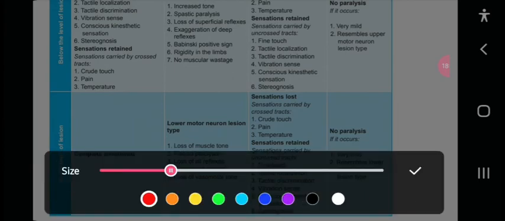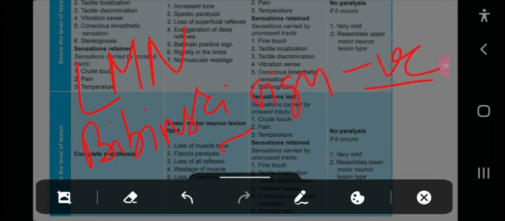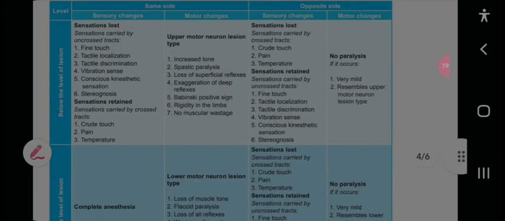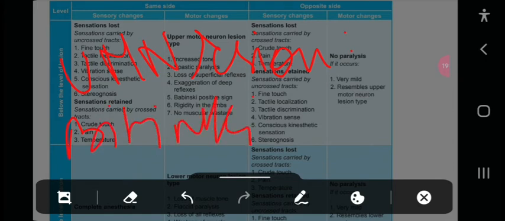So what we get from here is: in LMN lesion, Babinski sign is negative and there is flaccid paralysis. And what we get in UMN lesion is that Babinski sign is positive and there is spastic paralysis.